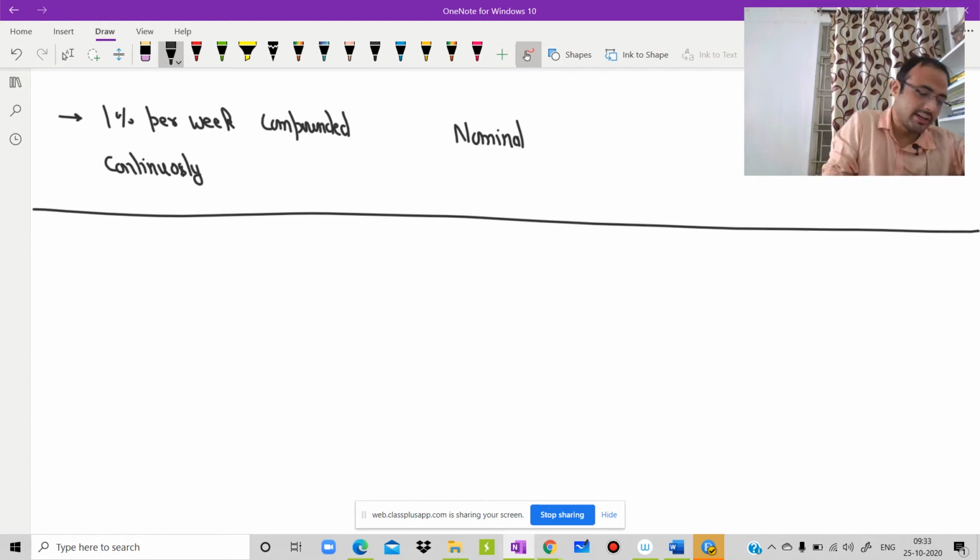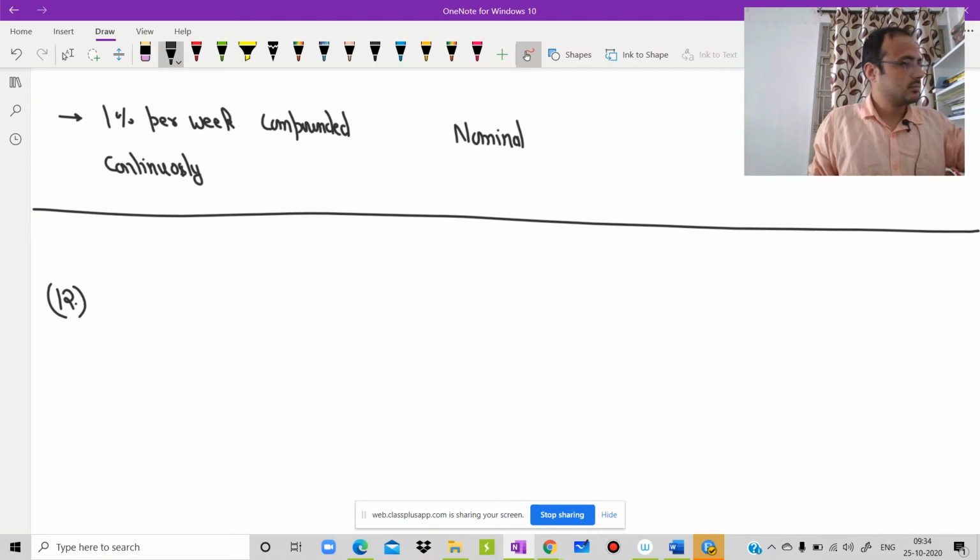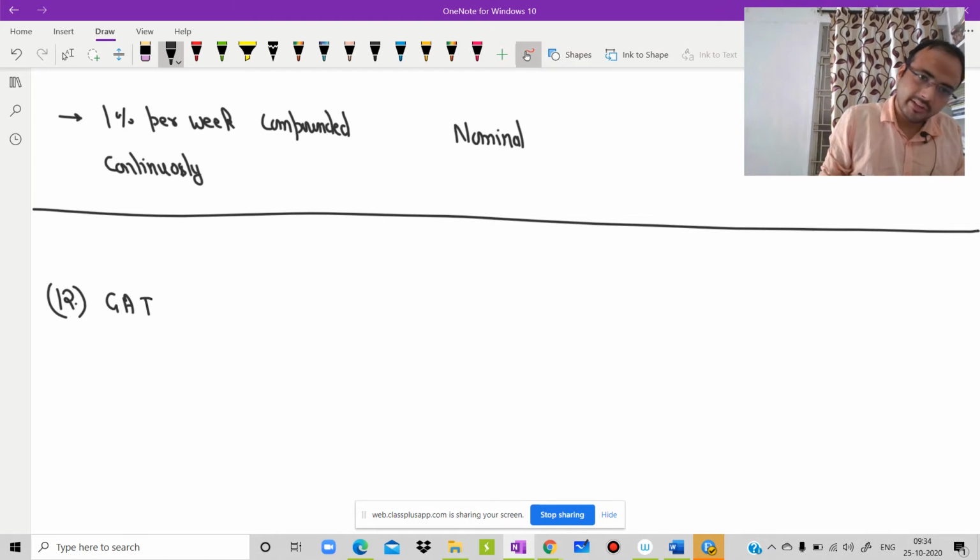Now we will solve one more GATE question and then we will proceed. Write down the next question, question number 12. The answer to this question is wrong in most of the books. But now I have 100% faith in you that after so much practice you will get the right answer. GATE 2001.